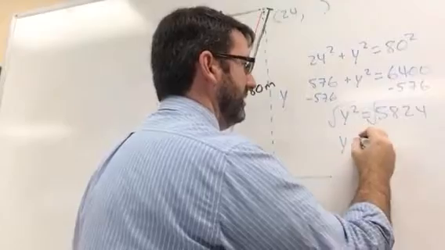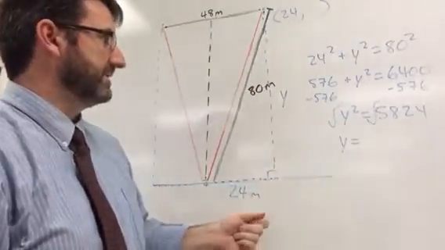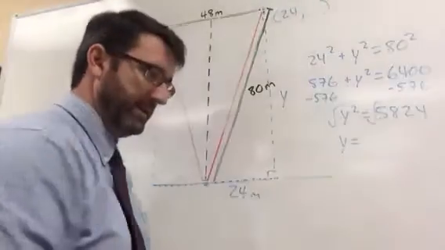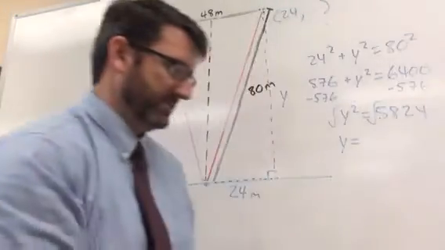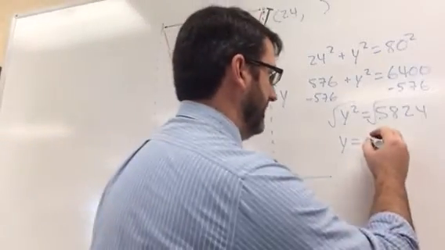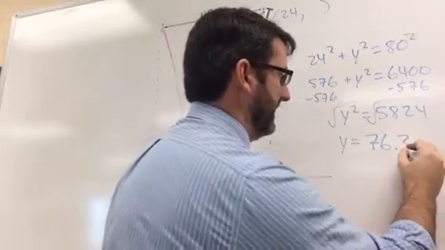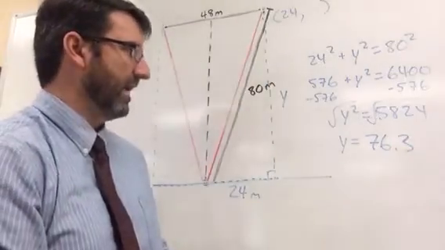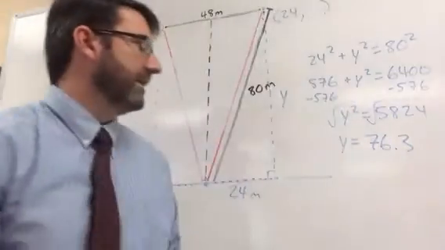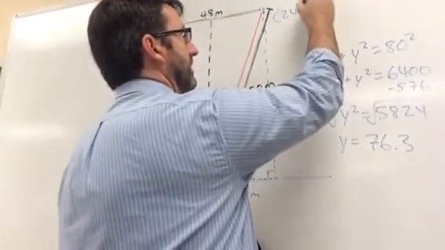We get y equals plus or minus, but since this is a distance, we can ignore the negative answer. And let's take the square root of 5,824. We get about 76.3. That's rounded to the nearest tenth. So 76.3 is this coordinate here, so we can plug that in.